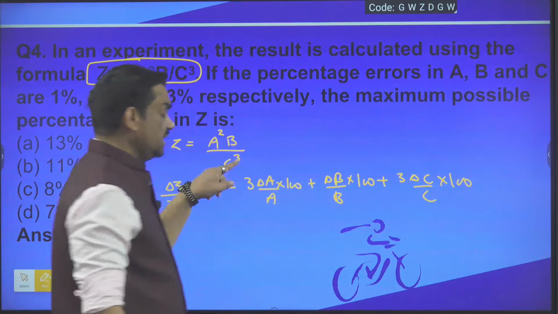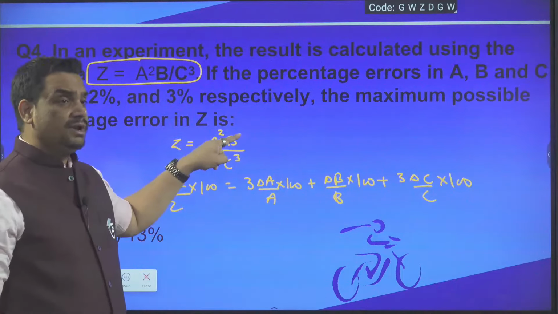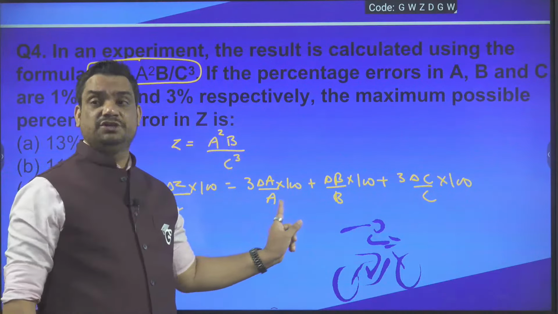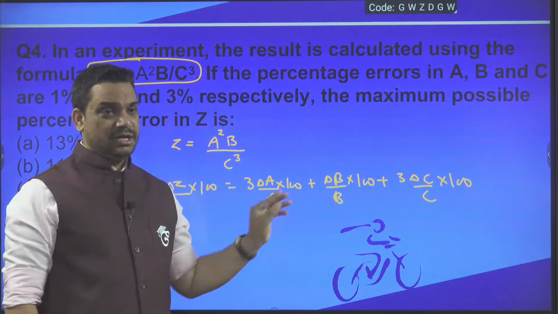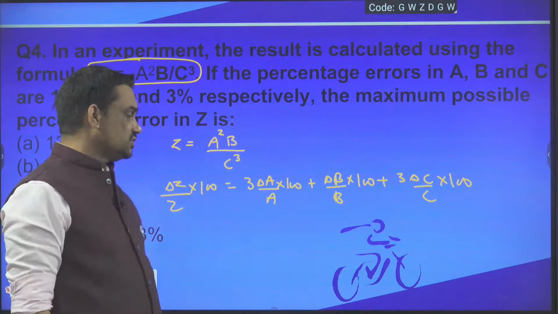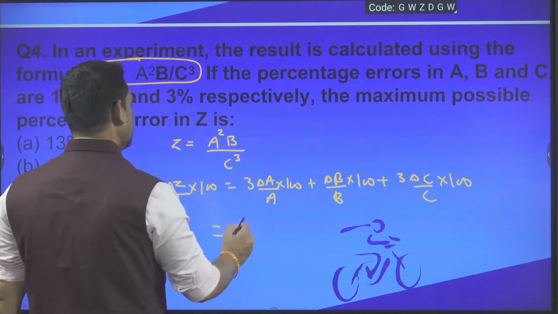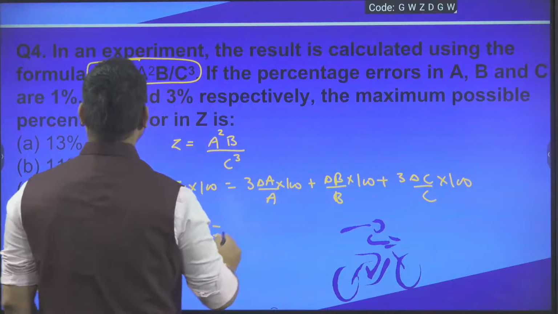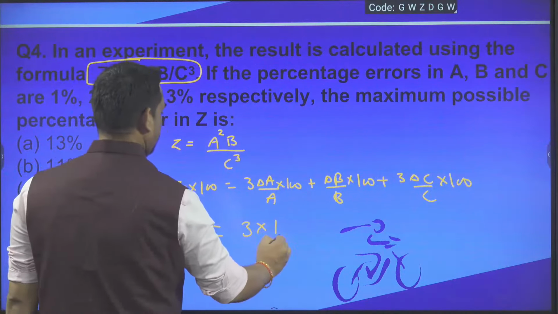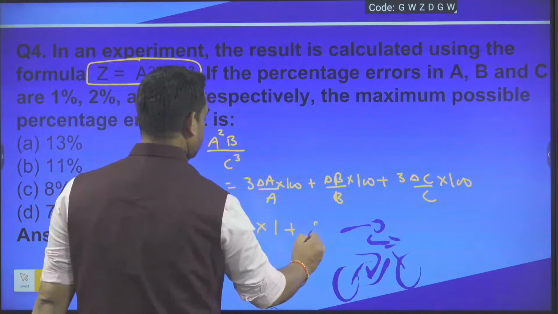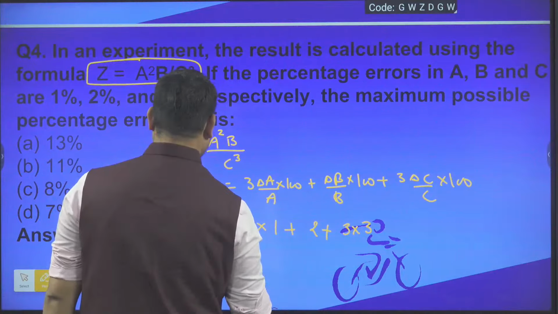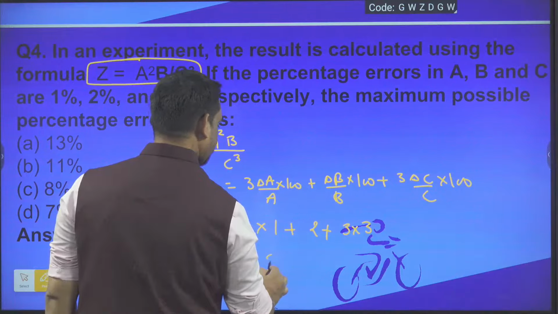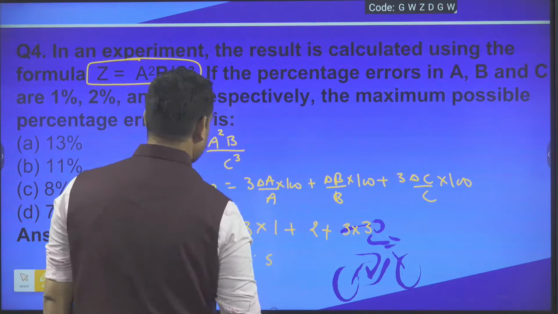Even though powers are negative, if you take this one upside it will be negative, but you have to keep it always positive. Errors are going to be added all the time. So for a, they have given 1% error, so 3 into 1, plus in b there is 2, and in c 3, so 3 into 3. So now this becomes 3 plus 2 plus 9. Correct?